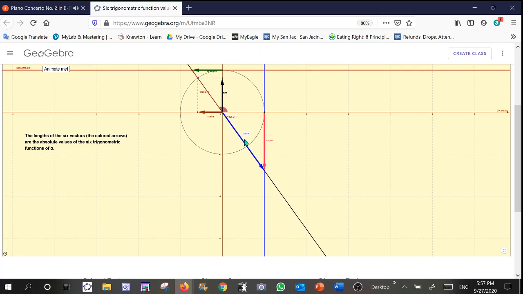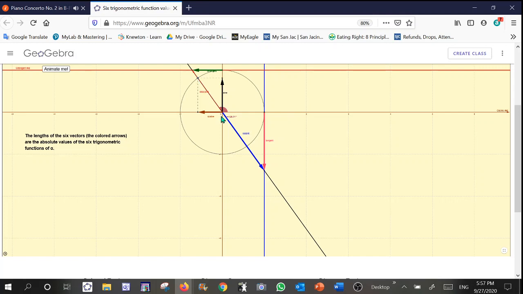So this right here is secant. This right there, and you can barely see that arrow, that's cosecant. This right here is sine, right? I mean, the angle is over there. So this point on this unit circle right here gives you the angle.